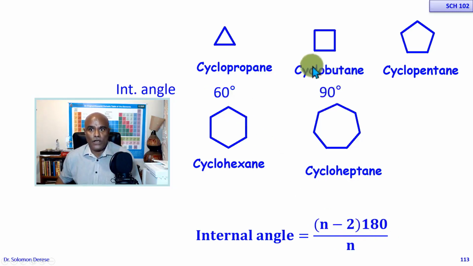The same for a square. 4 minus 2, 2 times 180, 360. 360 divided by 4, it is 90 degrees.